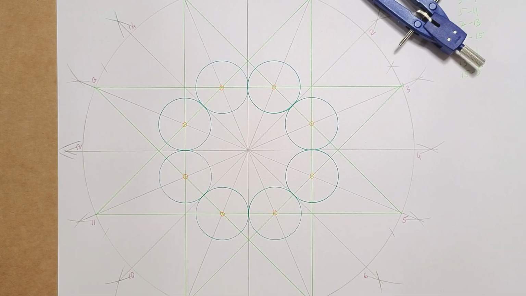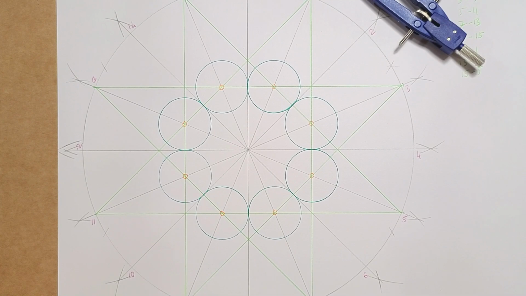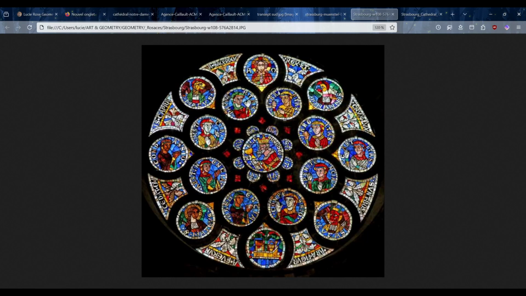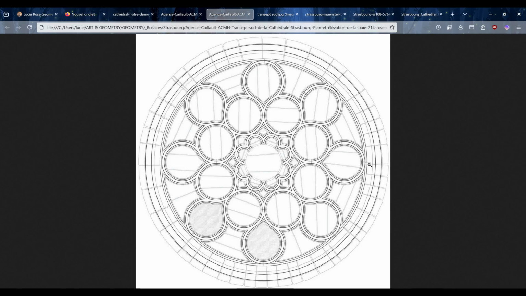Okay, so let's have a look again at the image to see where we're at and what we're looking for. So that's the stained glass part, but if we have a look at this image, we have done this inner row of 8 tangent circles, and then we have other circles tangent to them that are the same size.